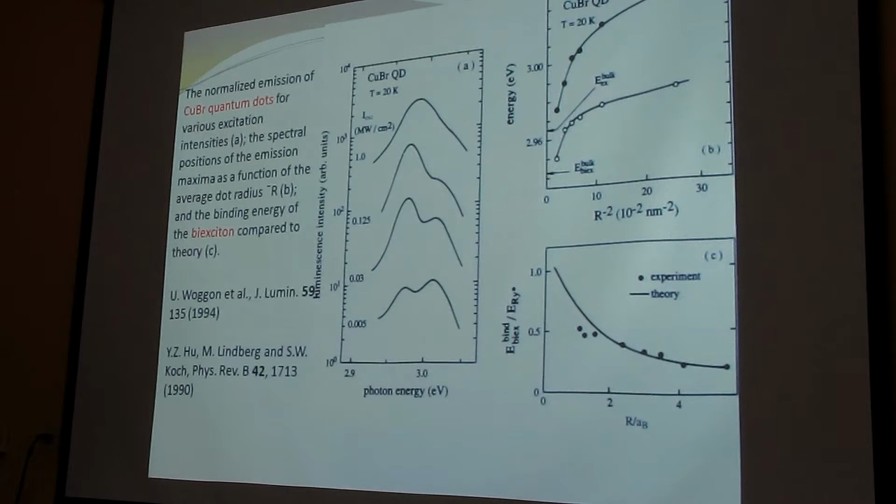You see the high energy peak converges to the exciton energy in bulk samples, and the low energy peak tends to converge to the biexciton energy in bulk. So we think this is due to a biexciton in the quantum dot, and the binding energy, which we can deduce from this difference, also corresponds reasonably well to theory.